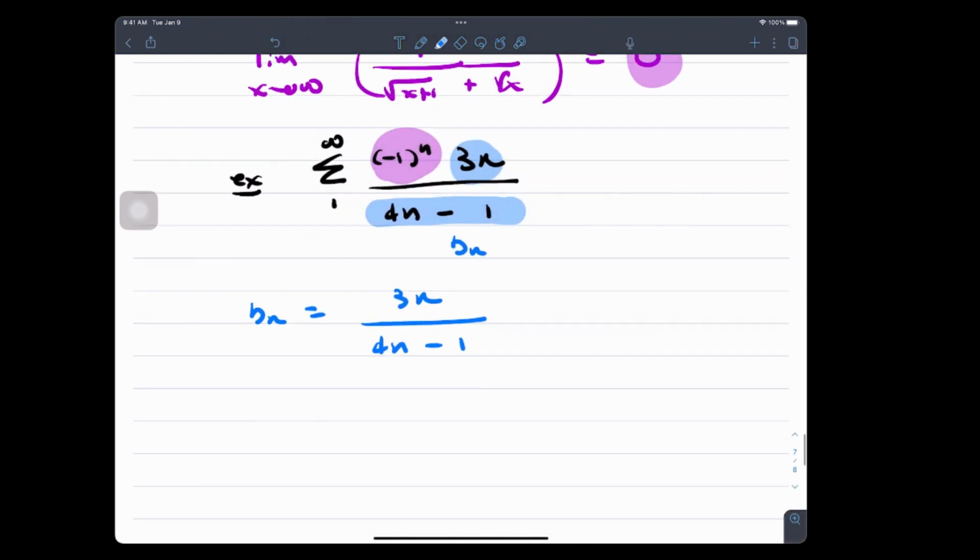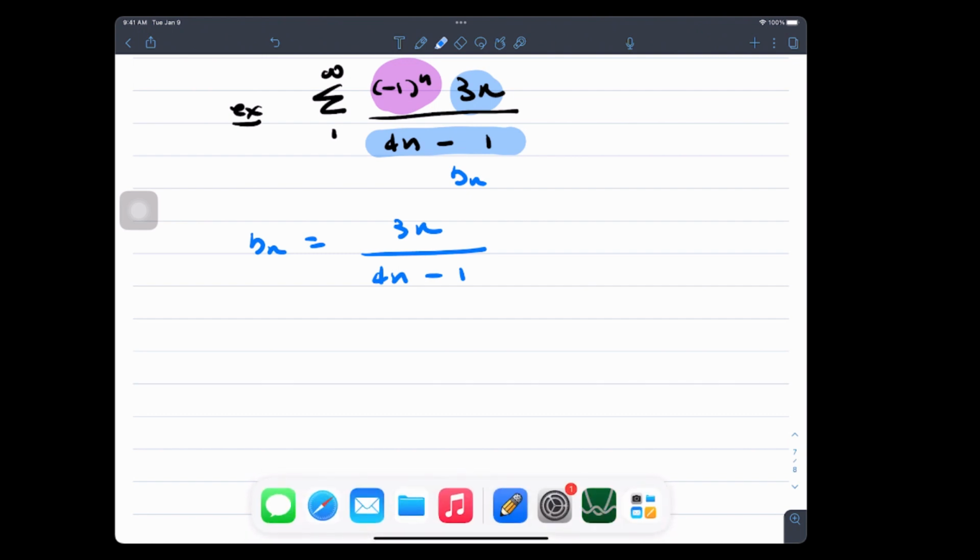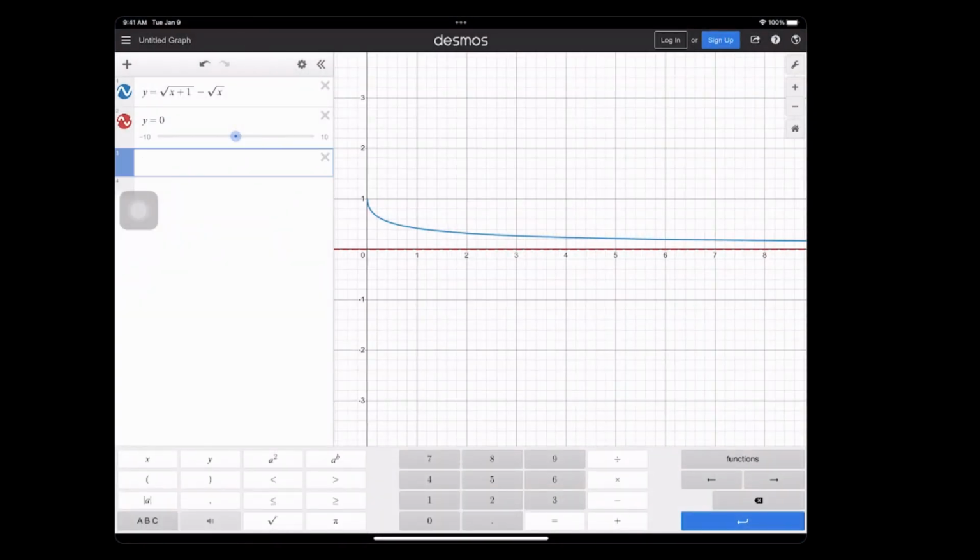Okay, so, oops, sorry about that. Okay, let's take a look here. What do you guys know about this situation, though? Is this a decreasing function, right? If I said, okay, what does Desmos say about this curve? y equals 3x divided by 4x minus 1.